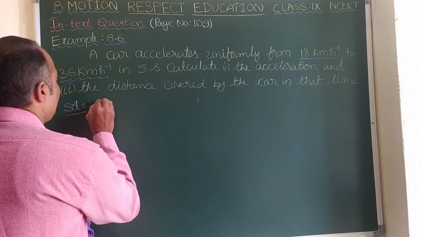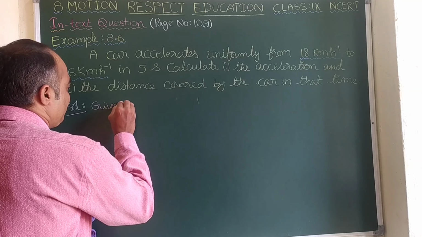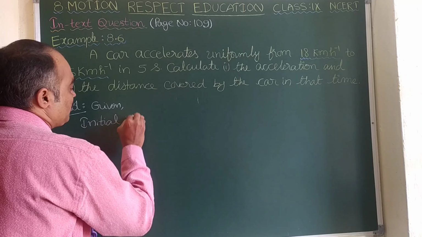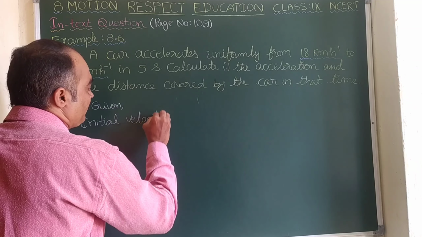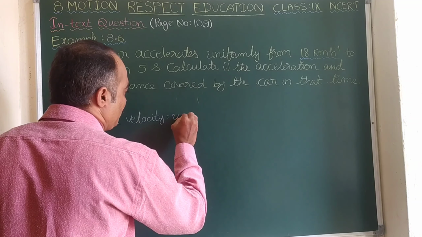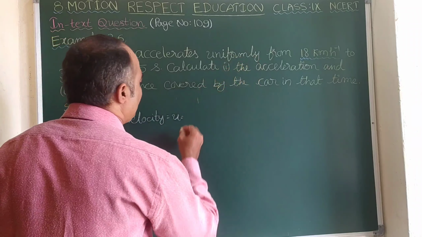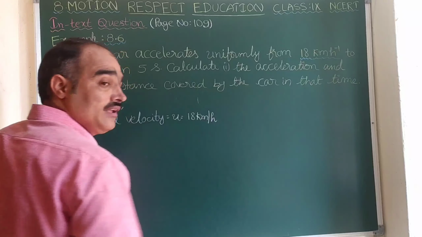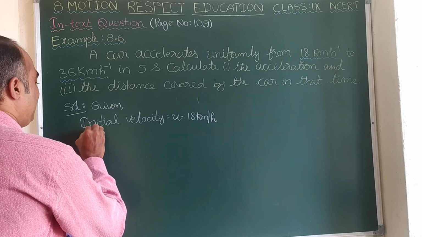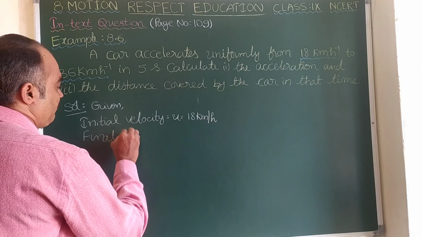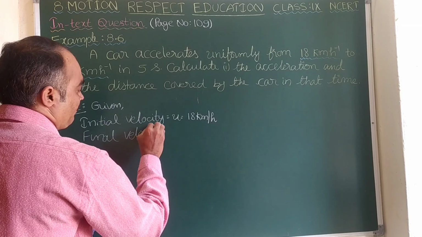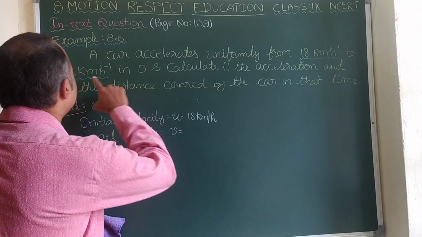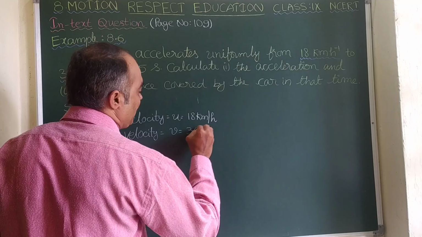So let us now write, given: initial velocity, denoted by small u, is the first value, that is 18 km/h, and also given final velocity, denoted by small v, that is 36 km/h.